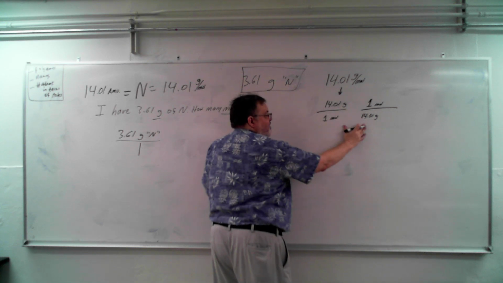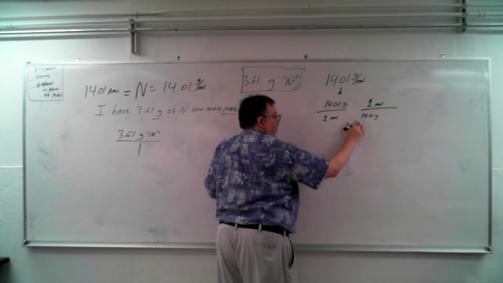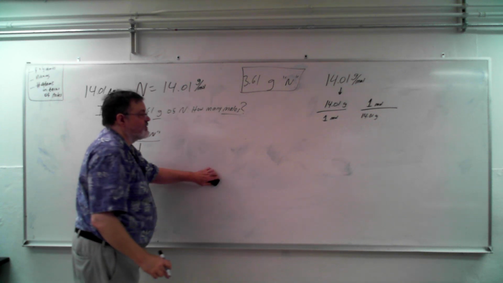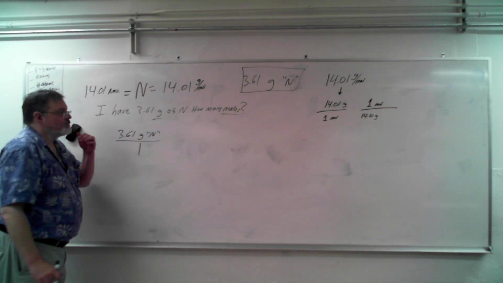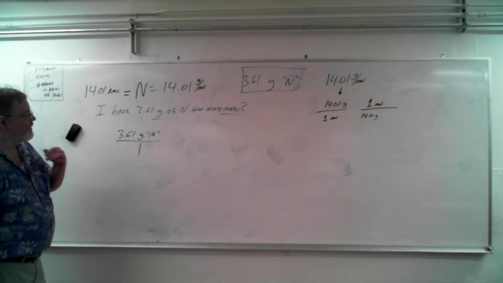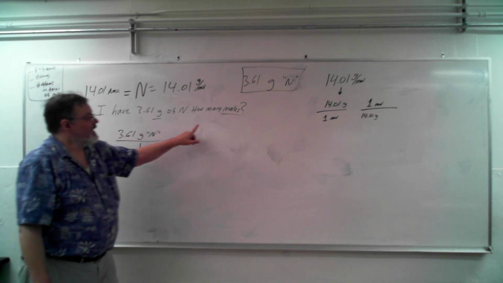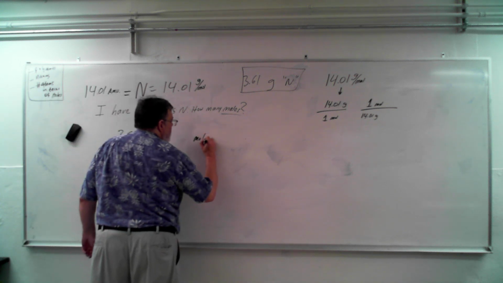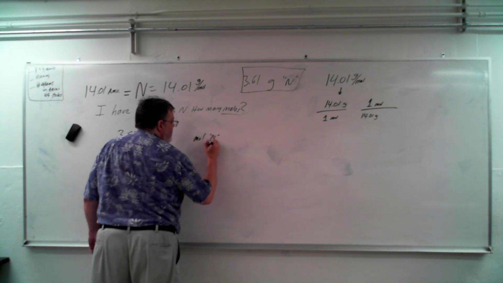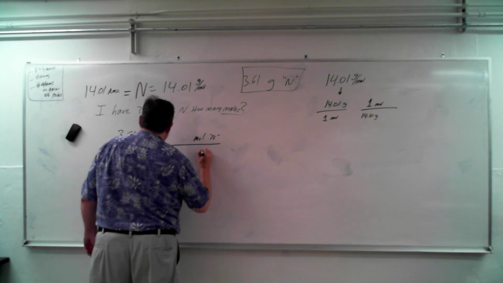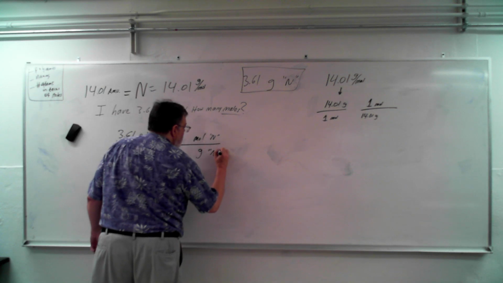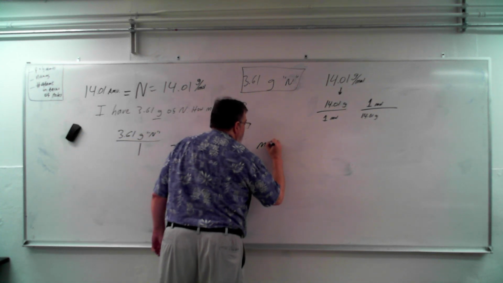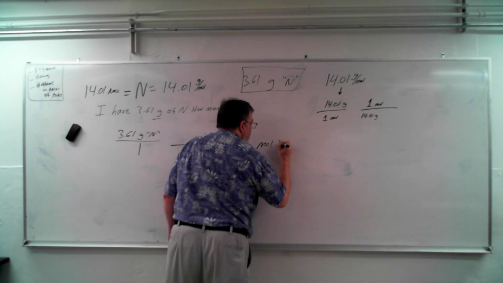And I haven't attached a label here because this is true in general. It doesn't matter what the label is. But in our case, the label is nitrogen atoms. So we've got grams on top. We're being asked for moles. So we need moles of nitrogen atoms here and grams of nitrogen atoms there. That'll give us moles of nitrogen.